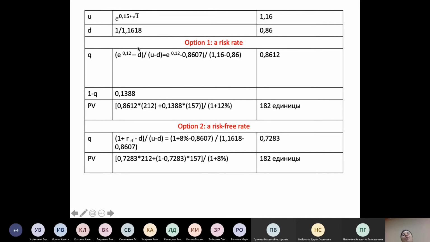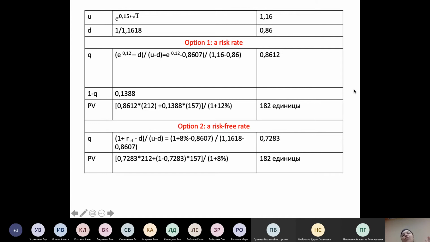The probability of a good scenario, the probability of up movement, can be calculated as constant e to the extent cost of capital minus our down movement coefficient, divided by up movement coefficient minus down movement coefficient. In other words, it will be constant e to the extent 12% minus the down movement coefficient 0.86, and all of this divided by up movement minus down movement coefficient.